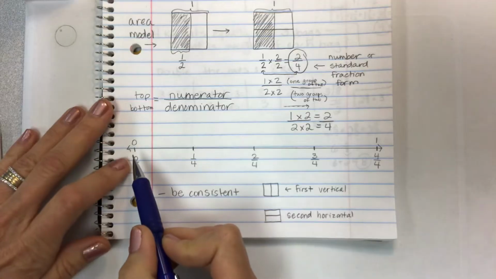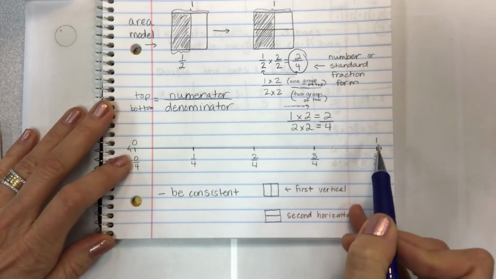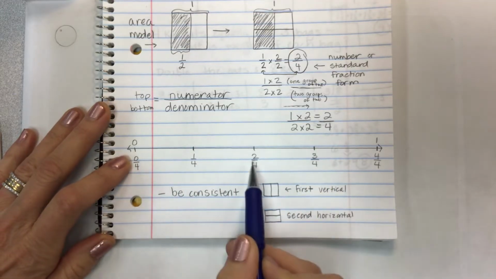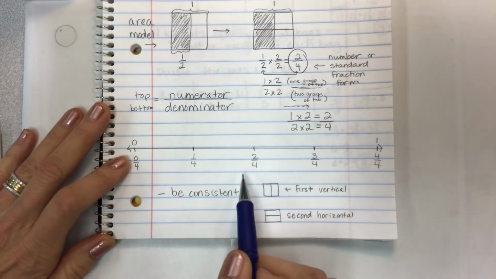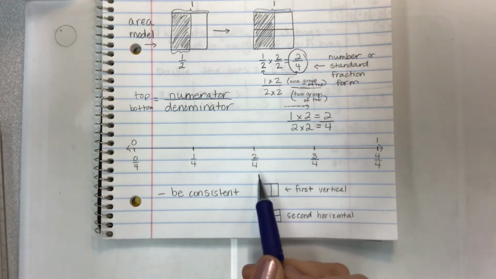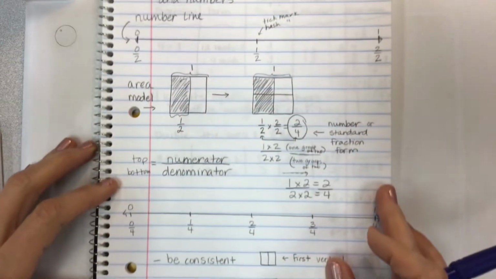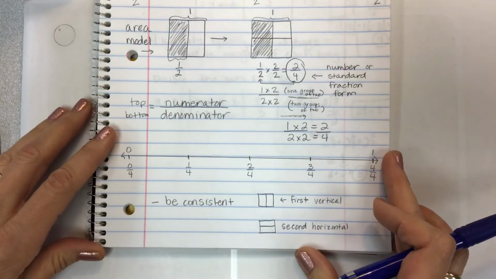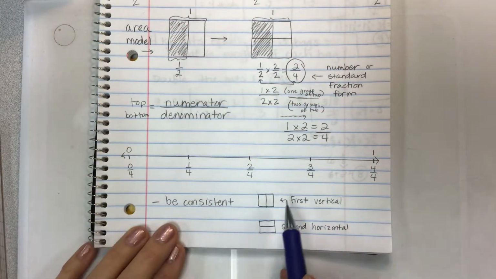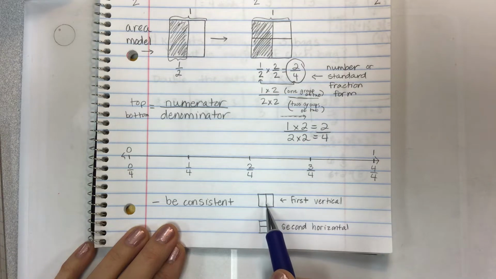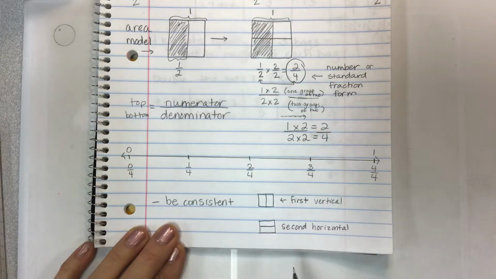And this is actually 0 and 1 whole over here, but the sizes of the sections are smaller. That's because we're talking about fourths on the bottom line instead of halves on the top. And another thing, just be consistent. If you're going to create with first vertical lines, you've got to be consistent. Second, do the horizontal. Okay, now those are your notes. There's a lot more to this.